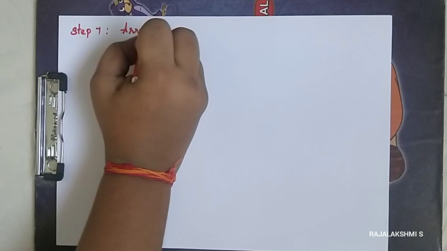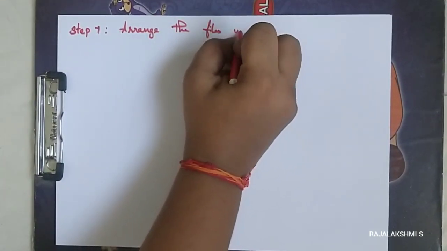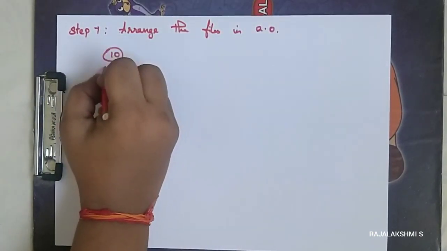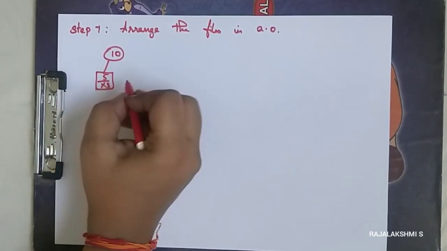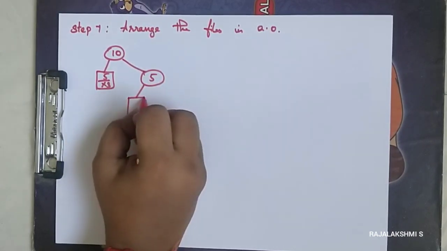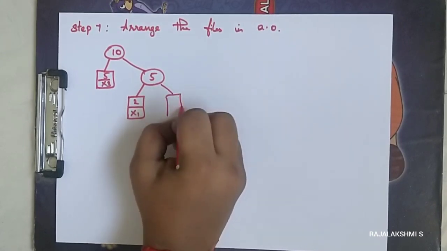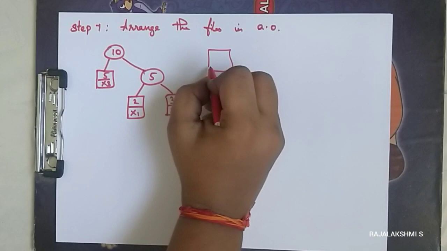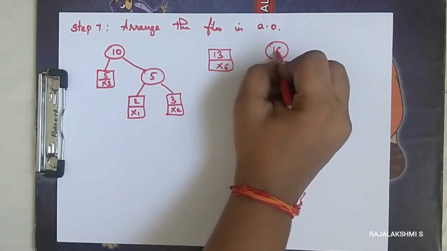So now this is step 7. Arrange the files in ascending order. Okay, so we will have 10. So here it is 5 x3, and then 5, 2 x1, then 3 x2, it is 13 x6, and it is 16.